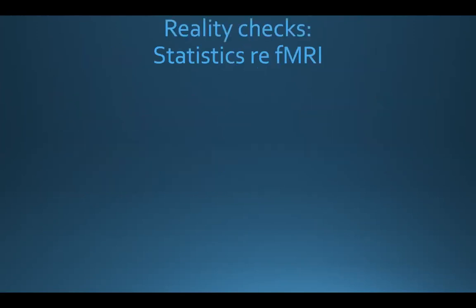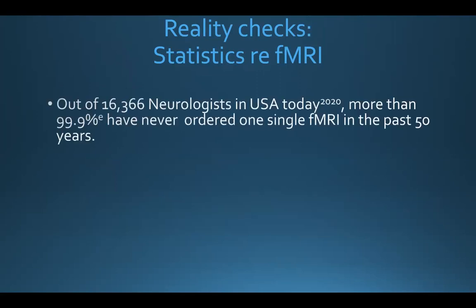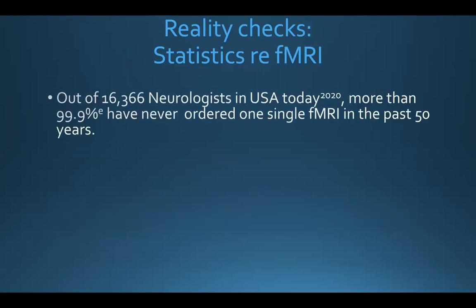Let's look at some statistics today to give you a little bit of a sense of where functional MRI fits in reality. In the USA today, there are 16,366 neurologists. I can assure you that more than 99.9% of them have never ordered one single functional MRI in their entire career in the past 50 years.